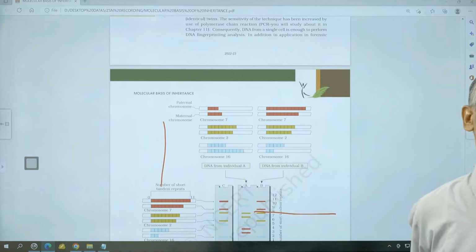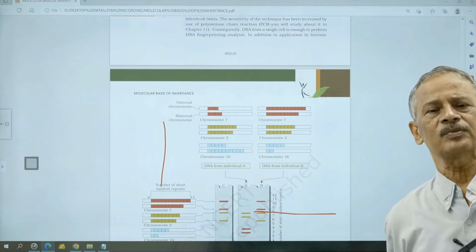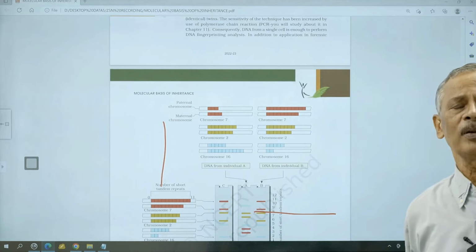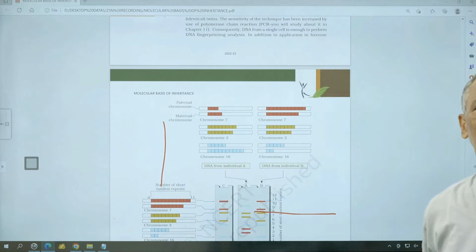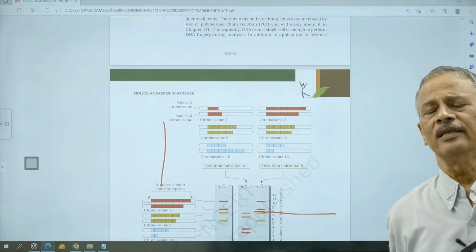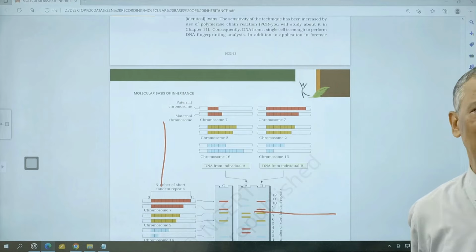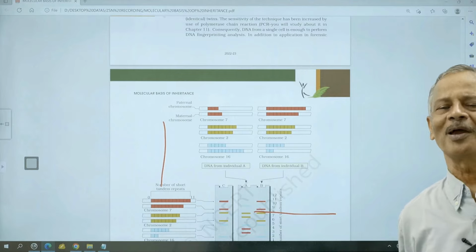It is also helping in forensic studies, in identifying criminals. We are also using them. So this has been developed as a scientific method for settling disputed parentage as well as in forensic studies. Okay, so that is a new branch that has developed because of the progress we made in biotechnology.